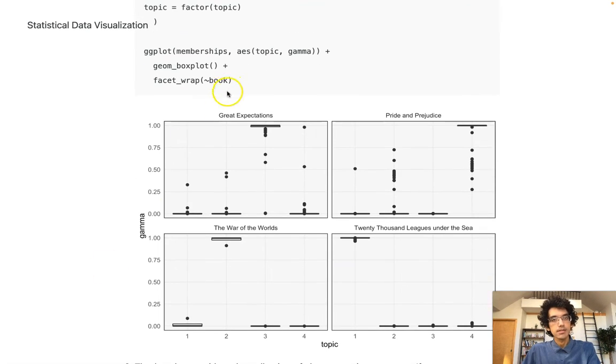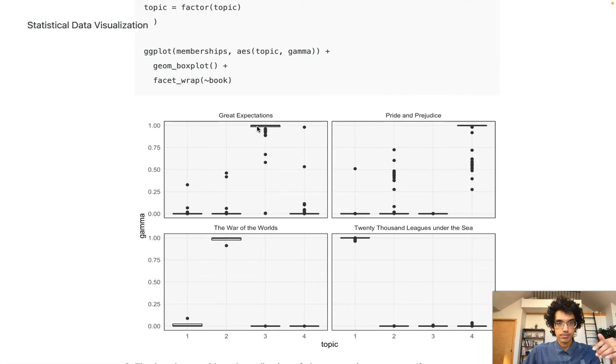So here I've taken the memberships, the x-axis is the topics, and I've faceted by books, and here we know the truth. We actually know where each of these paragraphs came from. If I say that this paragraph is from Great Expectations, and I plot it against the topics, you can see that for topic 3, every paragraph that was actually from Great Expectations has really high probability.